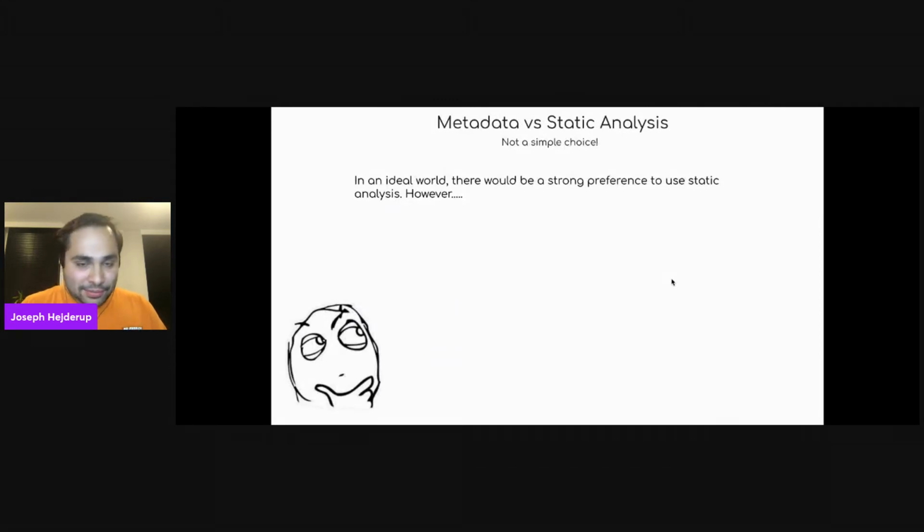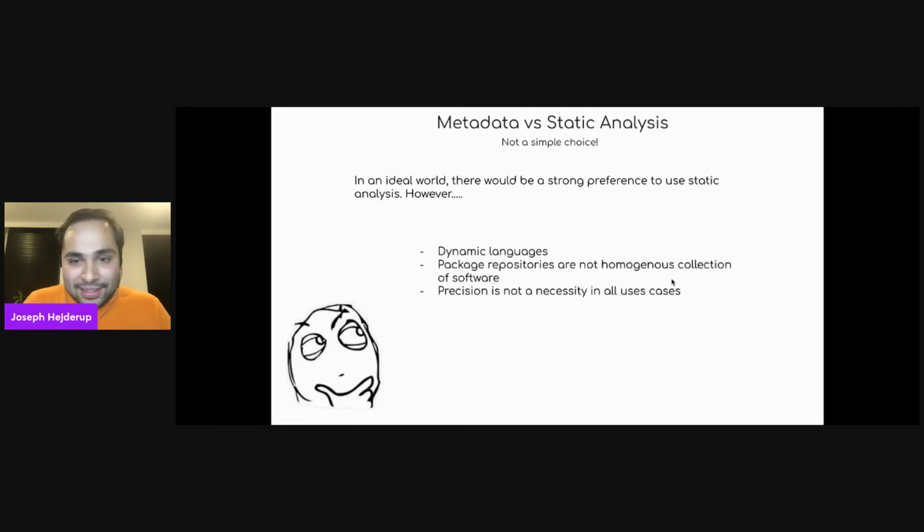So if you think in an ideal world, we would of course have a very strong preference to use static analysis. However, as I was mentioning, with dynamic languages it could be a problem. It's not easy to construct call graphs from that.